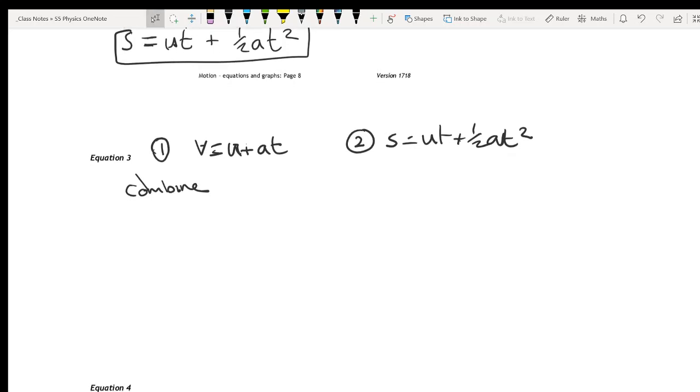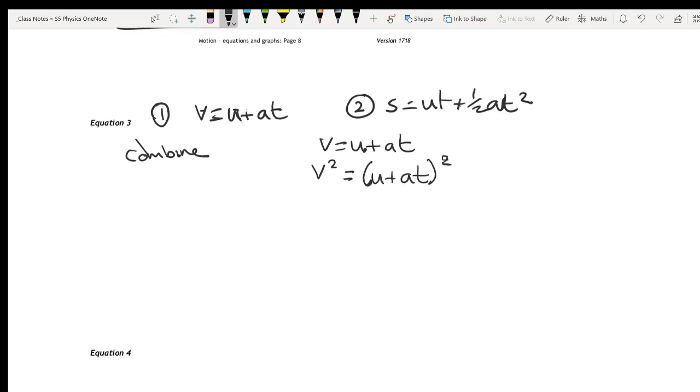If we start with equation 1, v equals u plus at, and we square that, v squared is u plus at, all squared. If we then expand those, v squared is going to be u squared plus 2uat plus a squared t squared.